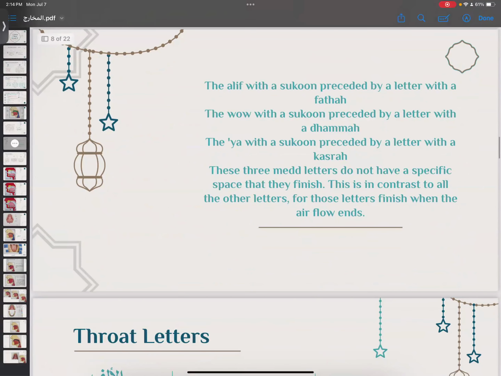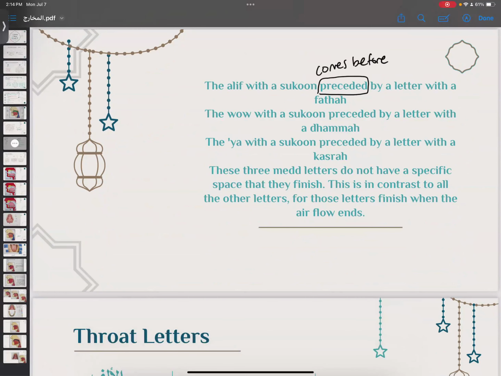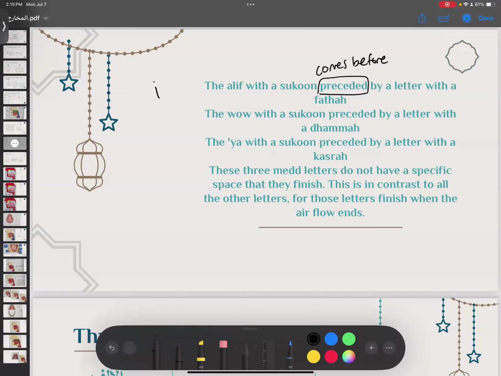Then the alif with a sukoon preceded by a letter with a fatha. So preceded, this word right here, means comes before. So if the alif has a sukoon, and then the letter before it has a fatha on it, that's one of the letters.